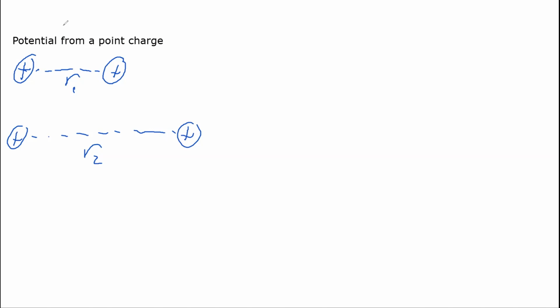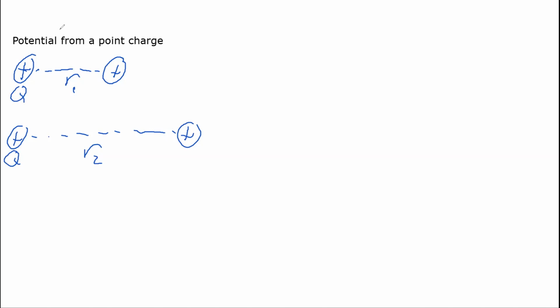That's what we have there. So I should probably notate which one's my source charge before I go any further. Let's say this is my source charge. I'm calling it capital Q. What I mean by my source charge is the charge that's creating that potential.